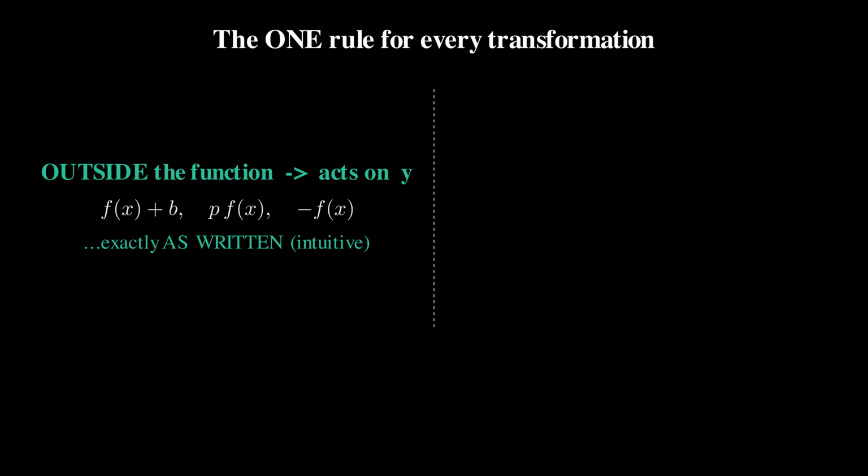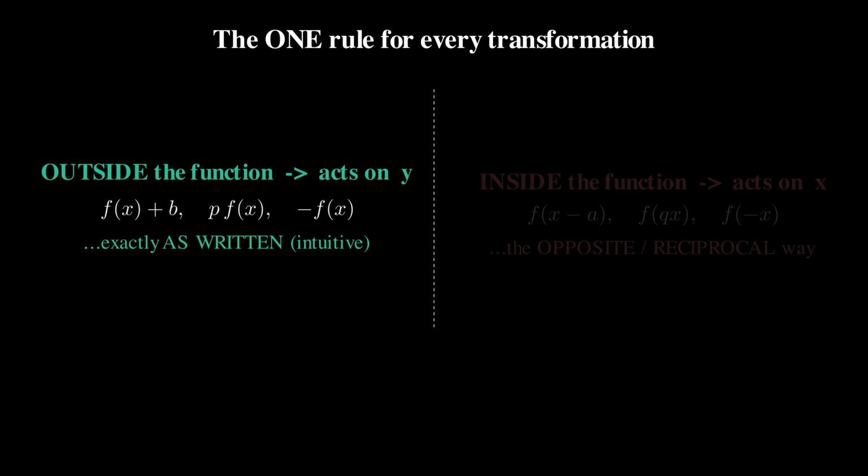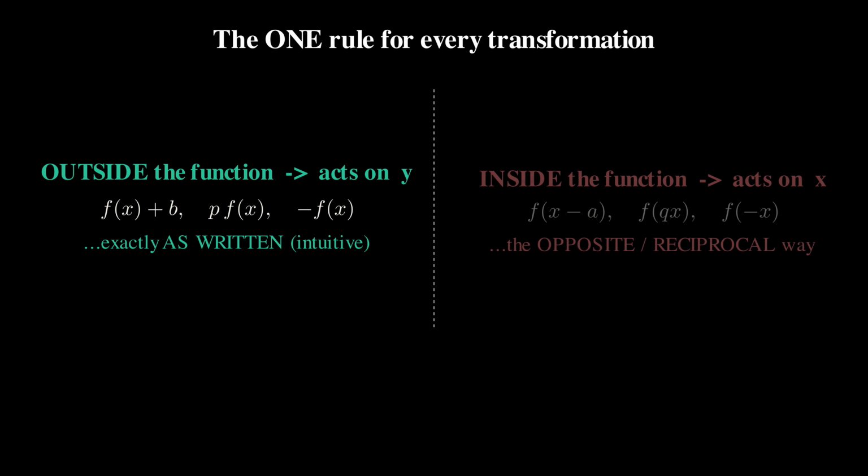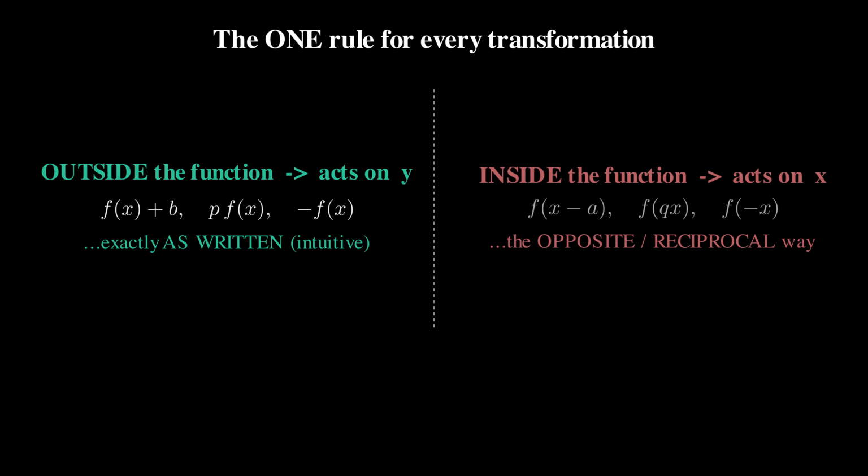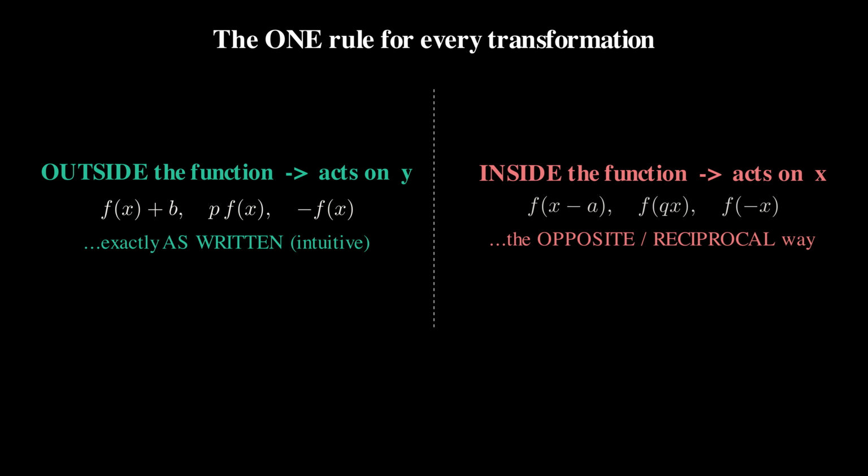Outside is honest. Anything inside f, tucked in with the x, acts on x, and it does the opposite, or the reciprocal. Minus inside moves right, not left. A factor of q inside stretches by 1 over q, not q. And a minus inside flips left to right.